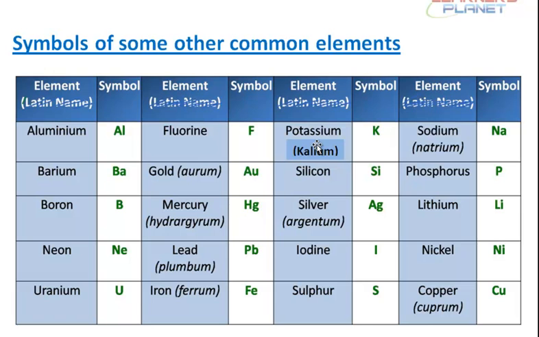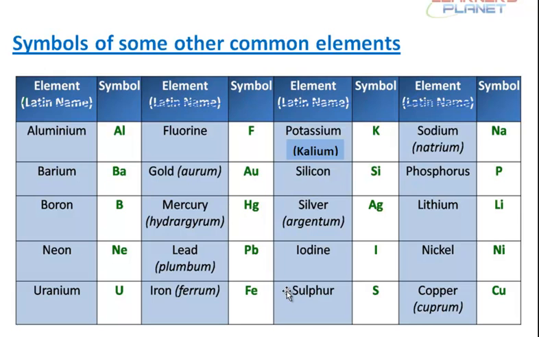Iron, its Latin name is ferrum and its symbol is derived from it, Fe. Likewise, potassium, its symbol is derived from its Latin name kalium and the symbol is K. Silicon, its symbol is Si. Silver, its symbol is Ag. It's derived from its Latin name argentum. Iodine, its symbol is derived from its English name, I, and it's I only.